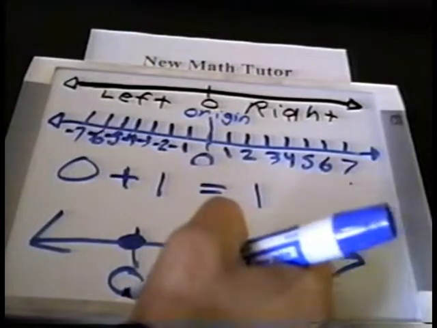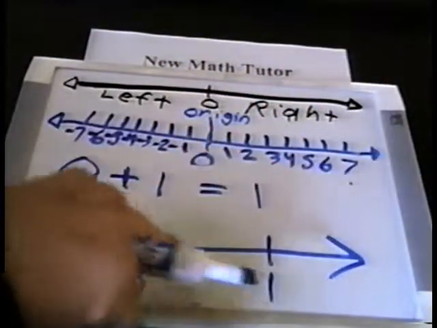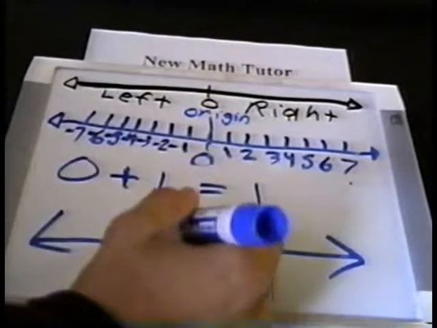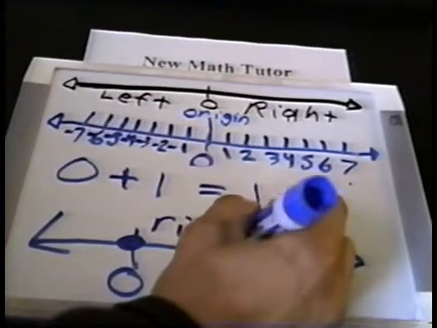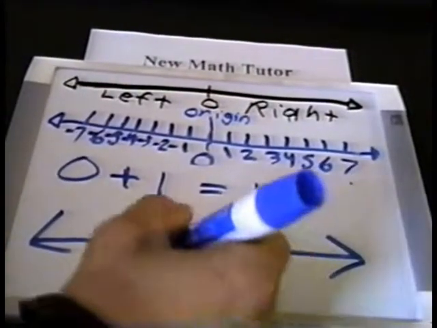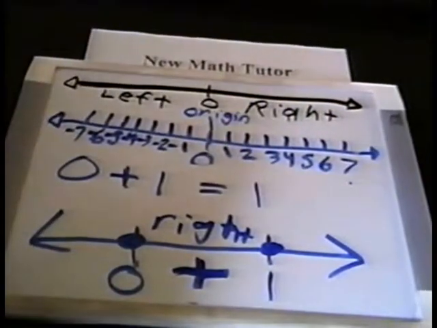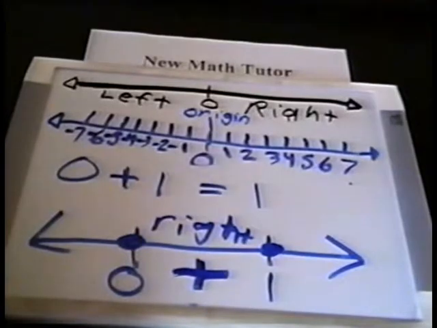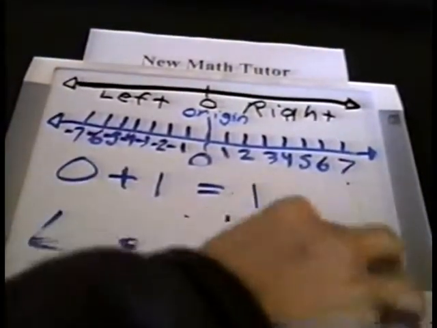Then we make a movement. The sign tells us which way to move. See, positive tells you to go in the positive direction. Positive tells you to go in the right direction. So we go right to get to 1.